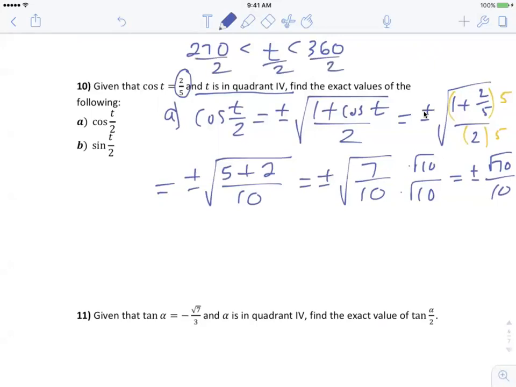Then that is going to leave me with 135. So t over 2 is between 135 and 180, which are quadrant 2 angles. So what do we know about cosine in quadrant 2? Cosine in quadrant 2 is always negative. So this one has to be negative. So my final answer is negative root 70 over 10.